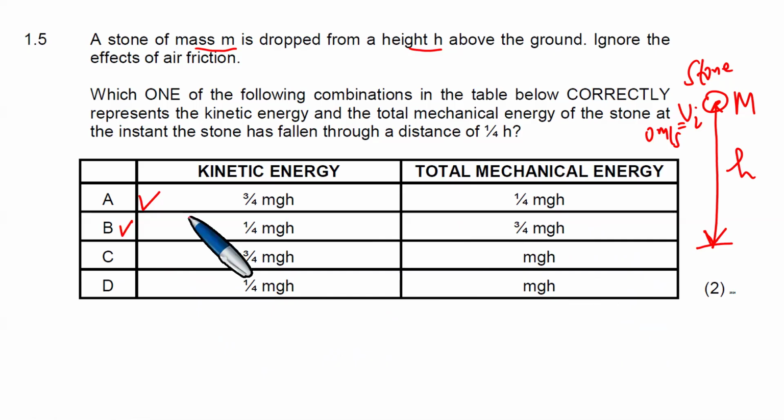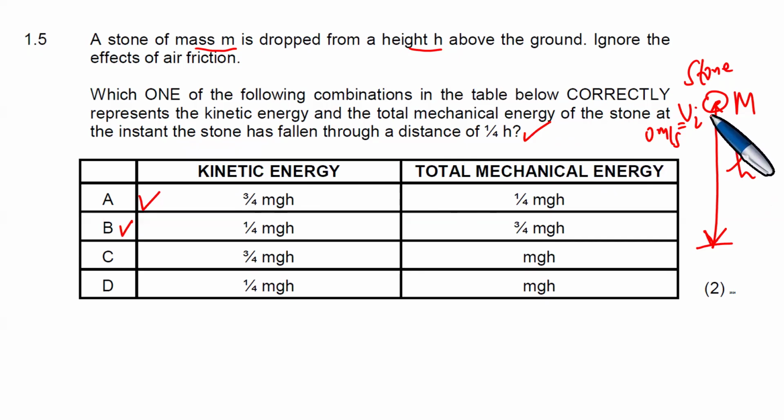So now we are having a perfect chance. We are asking which one of the following combinations in the table correctly represents the kinetic energy and the total mechanical energy of the stone at the instant it has fallen 1/4 of the height.